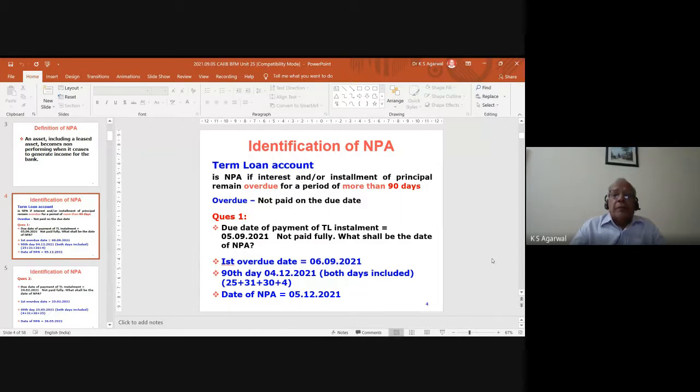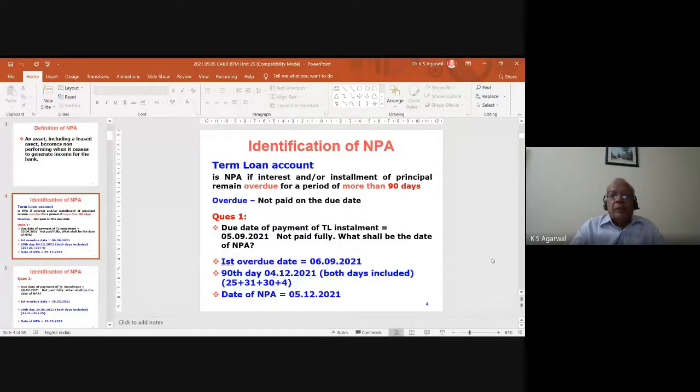Only when it is paid fully, then it will continue to remain a standard. So in this particular case, we have to calculate the date of NPA. So due date is 5th September, then first overdue date is 6th September 2021, tomorrow. That will be my first overdue date.